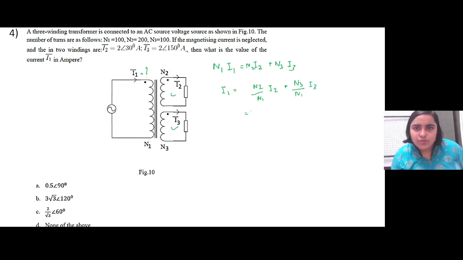So N2 is 200, N1 is 100, I2 is 2 angle 30 degrees, N3 is 100 by 100, this will be 1, and I3 is 2 angle 150.